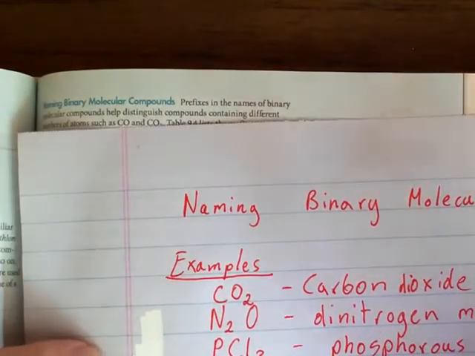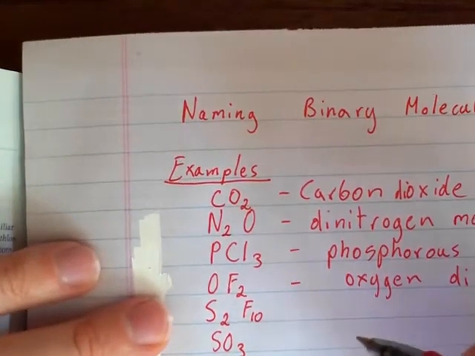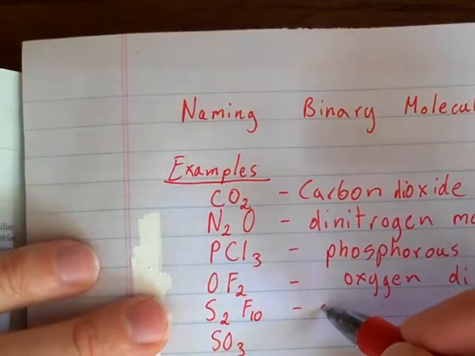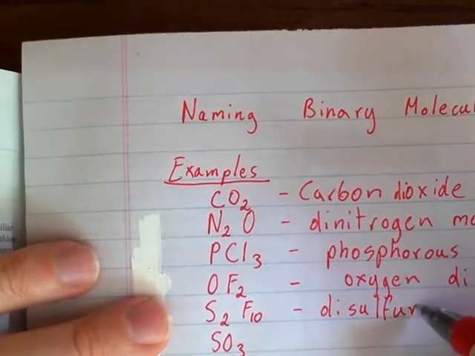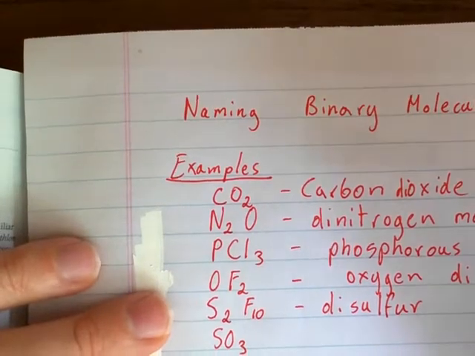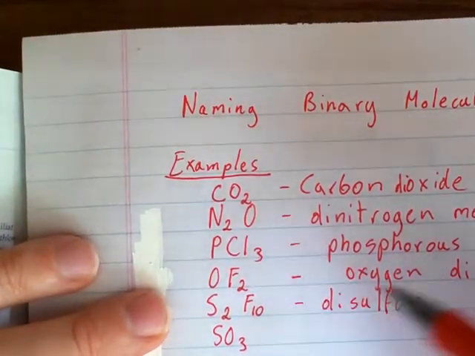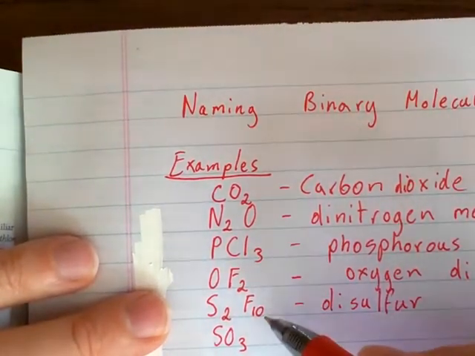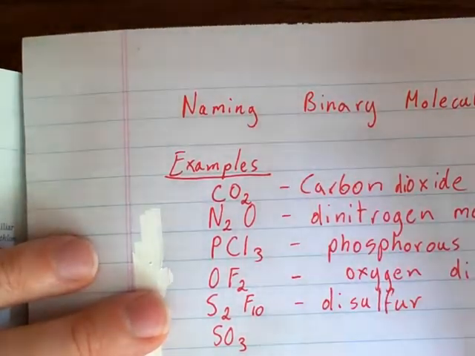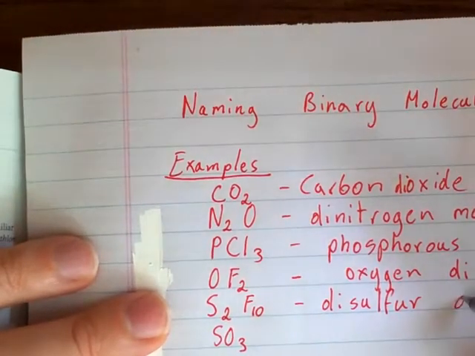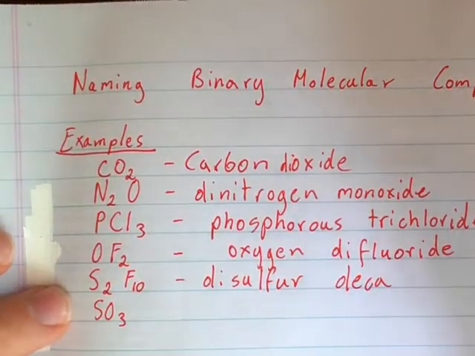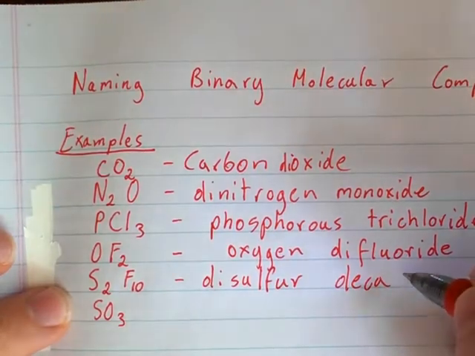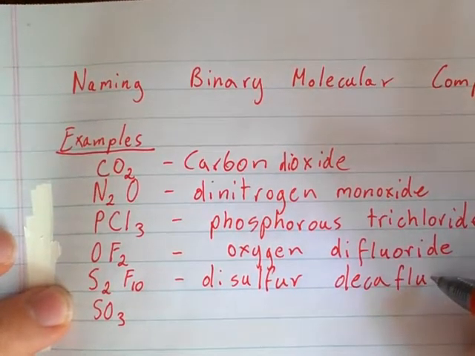So it's going to be disulfur. The first name does not change. The second one changes, fluorine becomes fluoride. And how many do we have? 10. So the prefix for 10 is deca. Decafluoride.